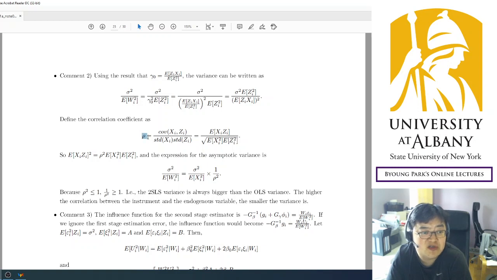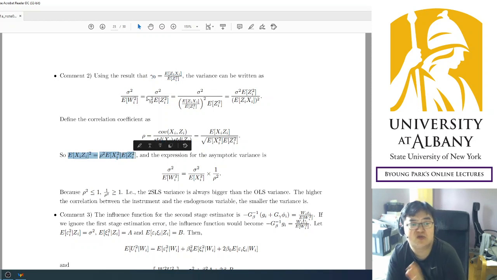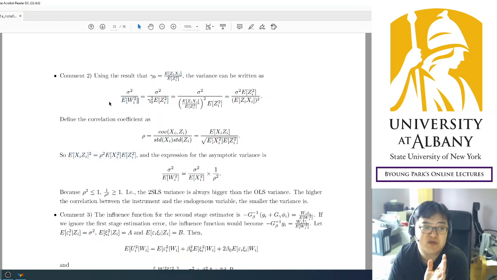The correlation coefficient is defined in this way, which involves covariance and variances. So the covariance, expected value of xz, can be written in this way. Then plug this and this into your asymptotic variance. W is gamma Z, and gamma is replaced by this, and then expected value of xz replaced by this. Then in the end, you get this.